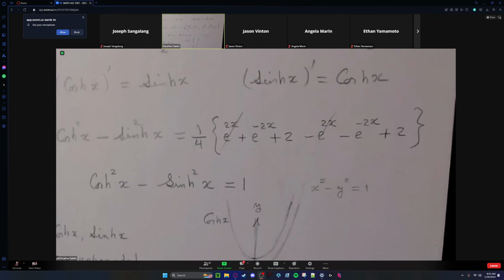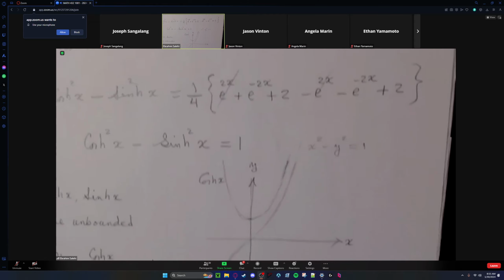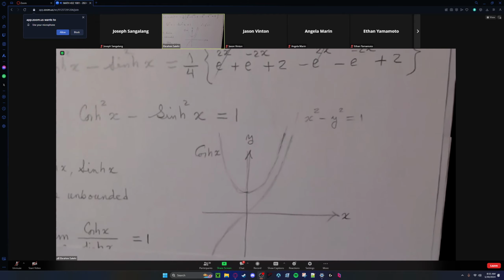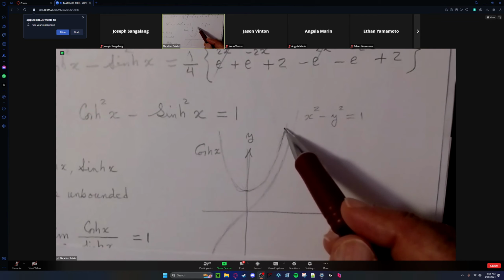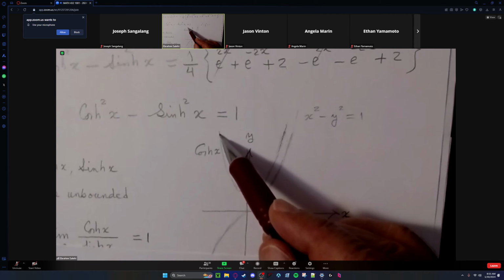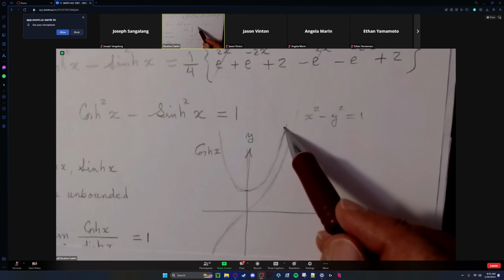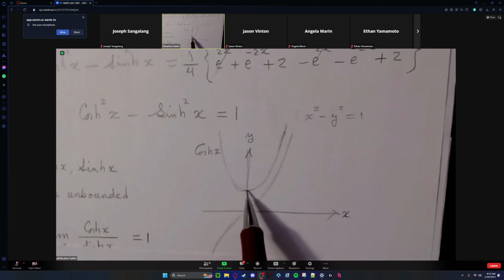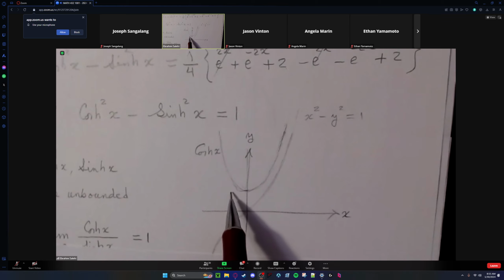And here are pictures of cosine hyperbolic and sine hyperbolic. The graph of this is cosine hyperbolic x. Cosh is always bigger than or equal to 1. This is 1, by the way.